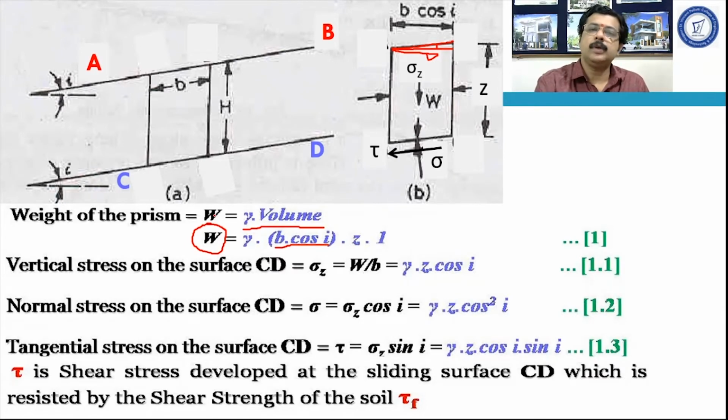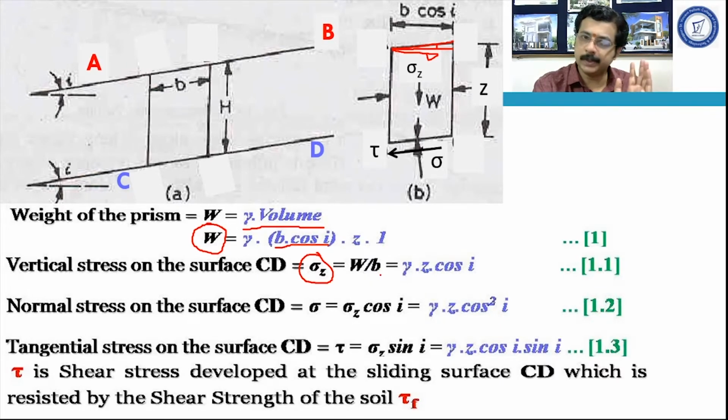Now I want to find out vertical stress which is acting on surface CD because of this weight. So how to find out that? It would be nothing but weight upon the area on which that weight is acting. That area would be inclined length b multiplied by unit thickness. So here vertical stress on surface CD which is inclined is denoted by sigma Z, which is equal to total weight W divided by area, and area would be b multiplied by 1.